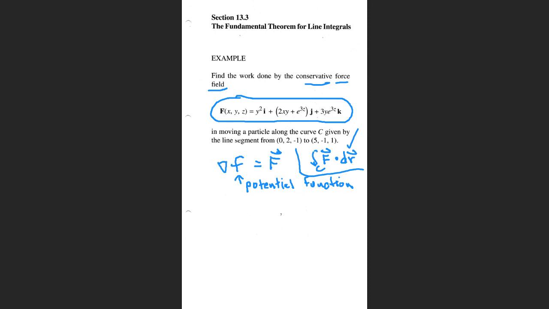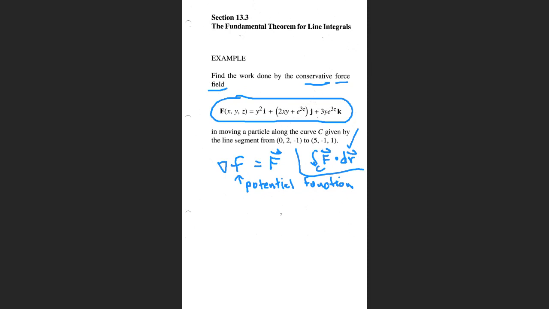You do have criteria for a two-dimensional vector field, but not yet for the three-dimensional one. But in section 13.5, we will establish criteria to determine when a three-dimensional vector field is conservative or not.